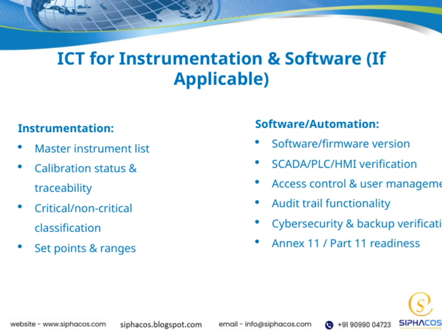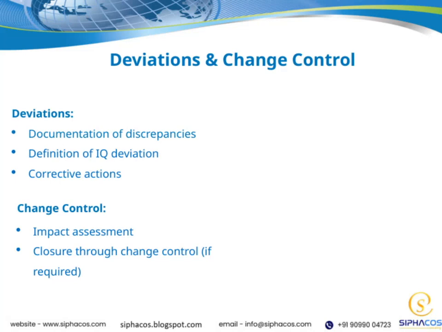This guarantees consistent process control and product quality. Overall, these points form a comprehensive approach to ensuring both the software and instrumentation components are reliable, compliant, and effectively managed within the system.